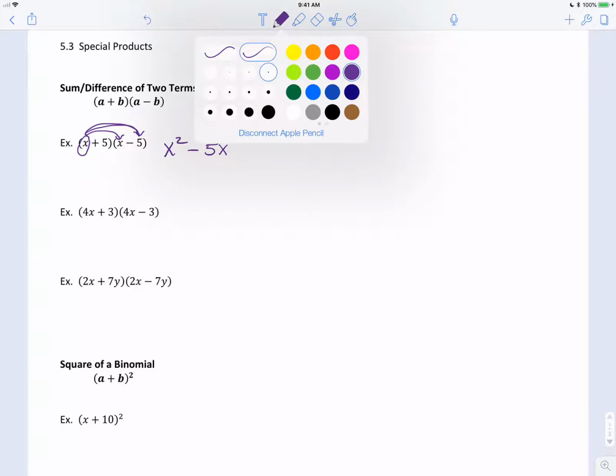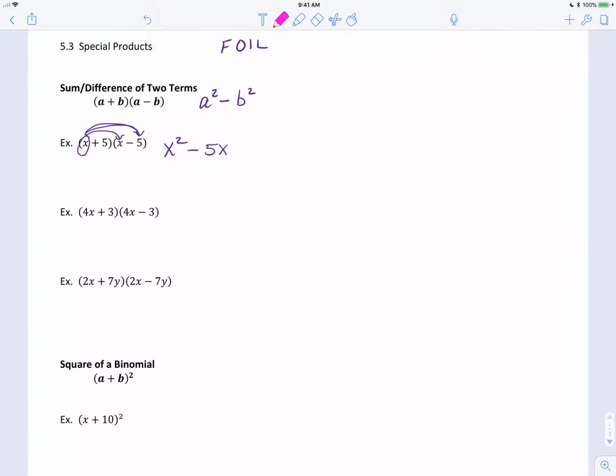All right, and remember, next we're going to take the second term, the 5, in that first binomial, and multiply it by everything in that second binomial. So 5 times x makes positive 5x. And then 5 times the negative 5 is minus 25.